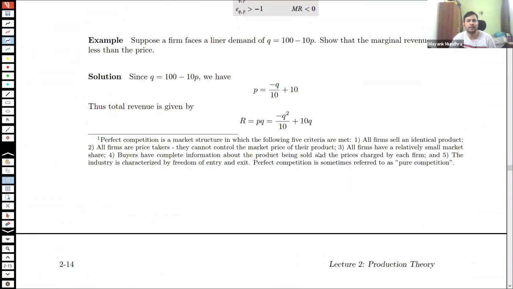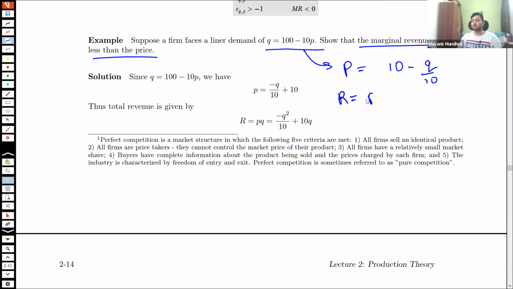This is an example here. Suppose a firm faces a linear demand of Q equals 100 minus 10P. Show that the marginal revenue is always less than price. So the demand function is Q equals 100 minus 10P. So I can write price equals 10 minus Q by 10.